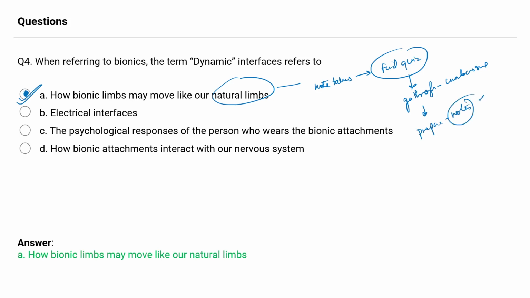Like we used to do in school, making small notes to have a quick revision, and probably it will help you prepare for the entire quiz in a very short time and in a much more effective way. Ma'am, can you tell us, note taking has been a regular practice for you, and are you doing this for this course or have you been doing it earlier? How does it help you?